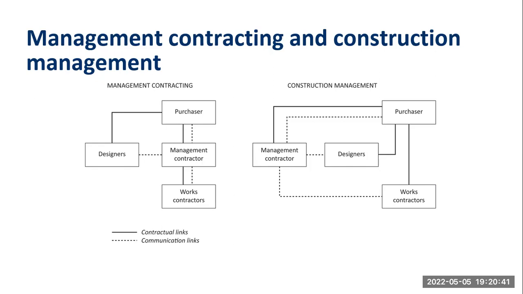That's why, as the purchaser, you don't have a direct link with the works contractor in management contracting. But in construction management, you will definitely need the work done, and the physical infrastructure is part of the contract, so you have a direct relationship with the works contractors.